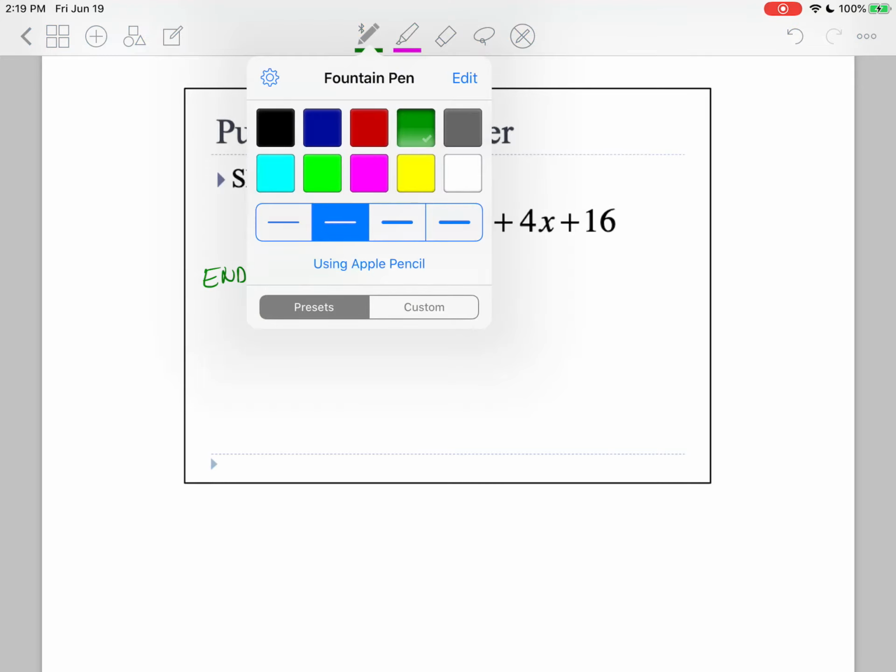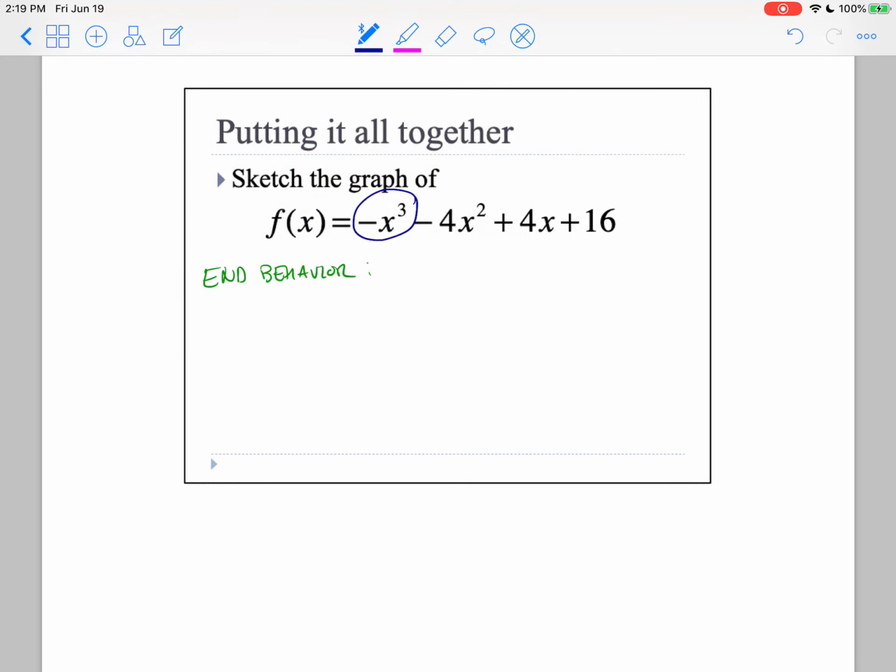The end behavior of this graph is determined solely by the leading coefficient, or the leading term, and the degree. So since this is an odd degree polynomial with a negative leading coefficient, my end behavior is going to be that I start high and I end low.